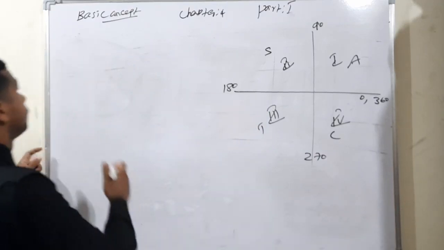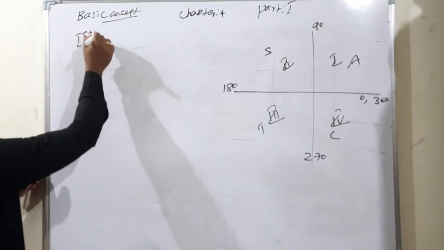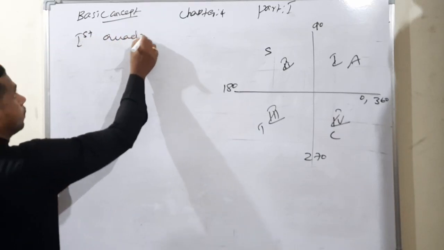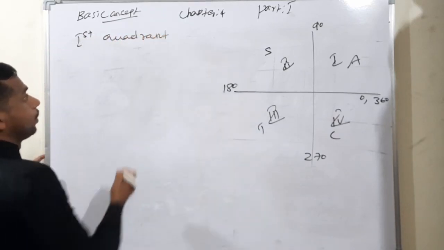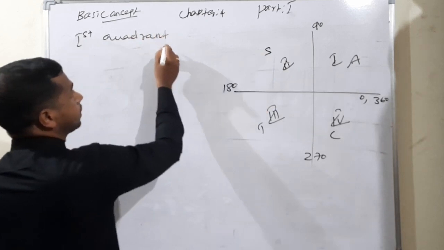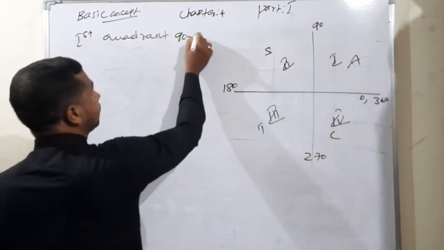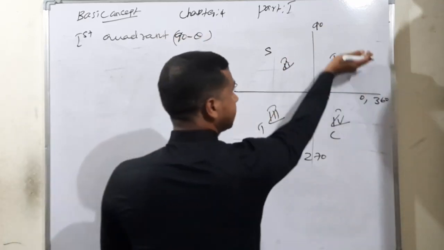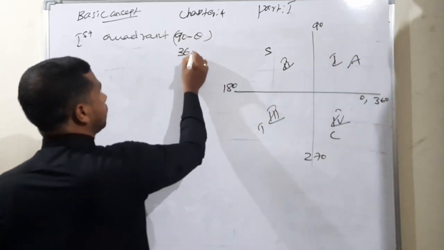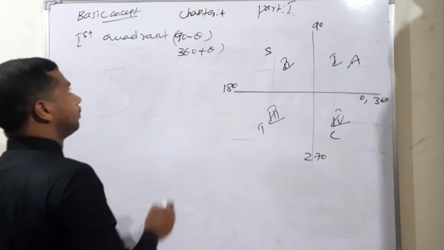Okay, let's see in each and every quadrant what values are possible, with the name also. Okay, first quadrant. So in the first quadrant, what are the suitable cases? 90 minus theta, and 360 plus theta.